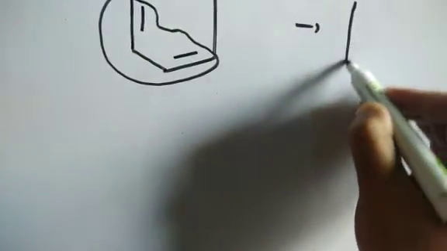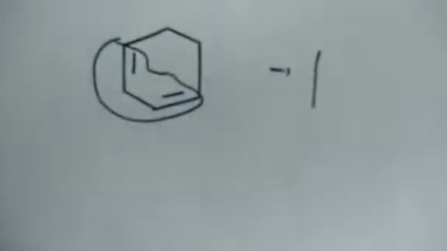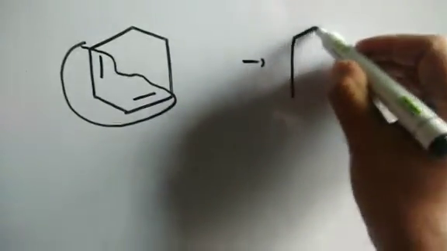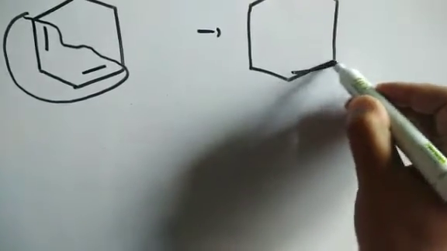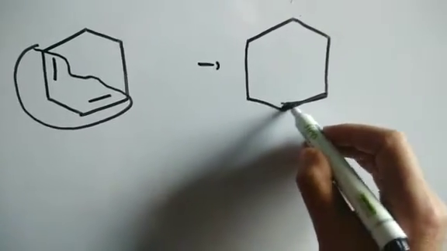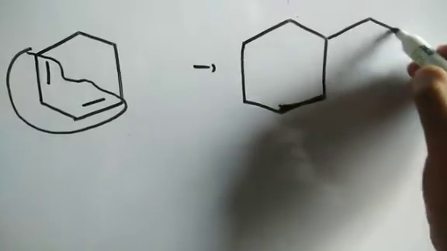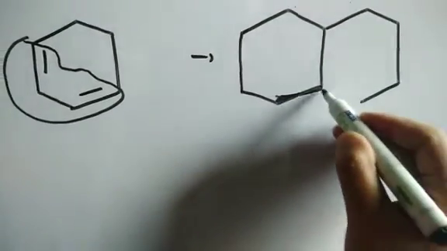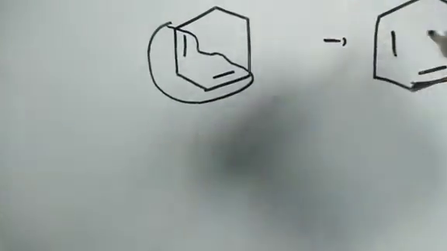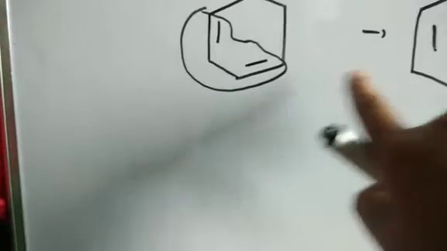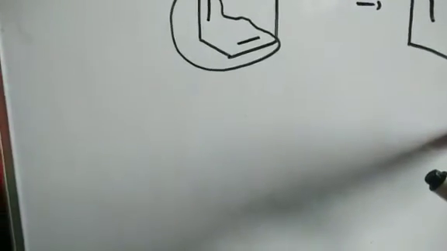Two rings are present, so it can be in this way also, that you have a ring attached and then you have butadiene. So it can be in this form. Fine.